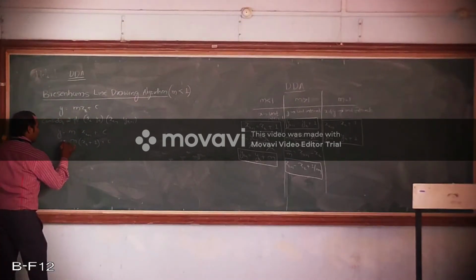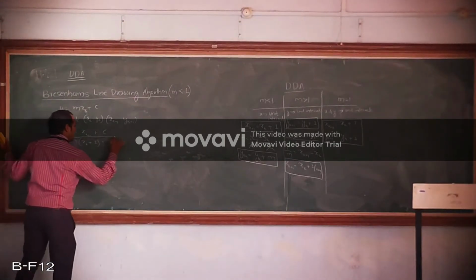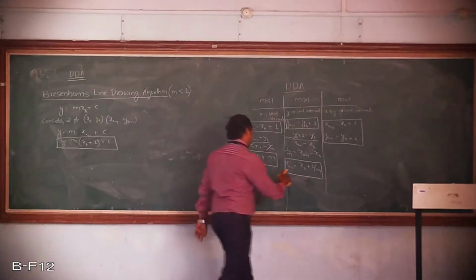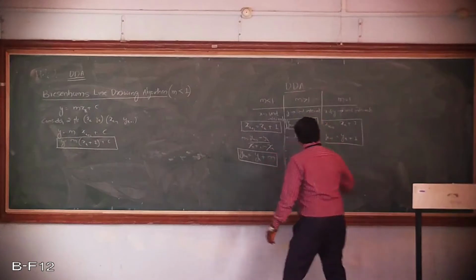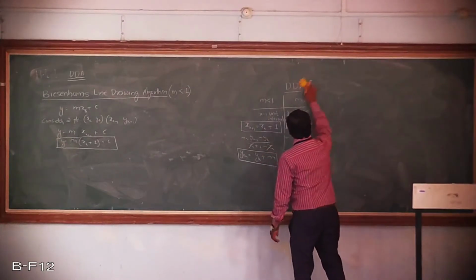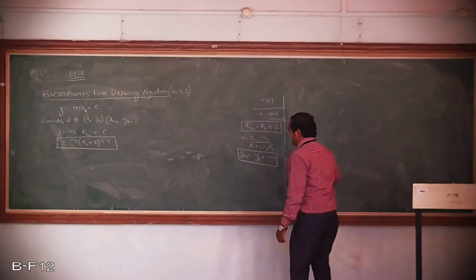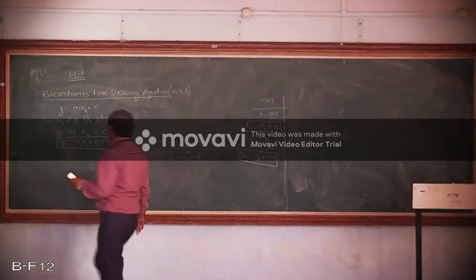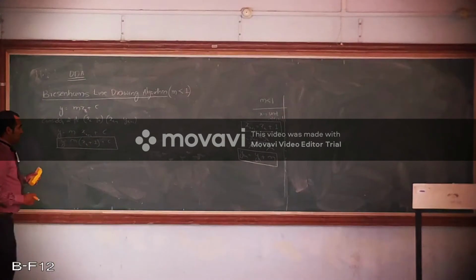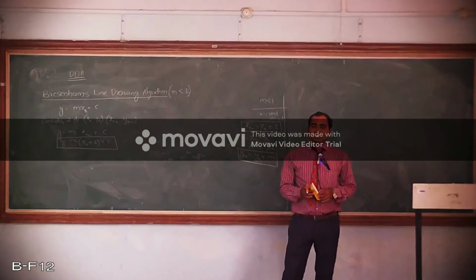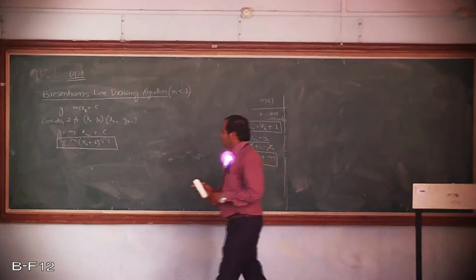This is the equation of y. Now, here we are not using the rounding off functions, but we are making use of something called a decision parameter. That is the change here.